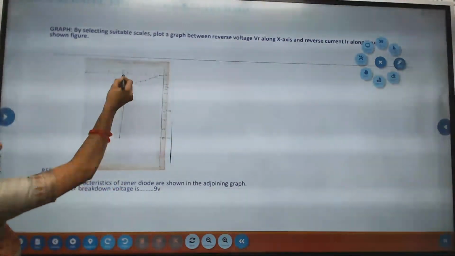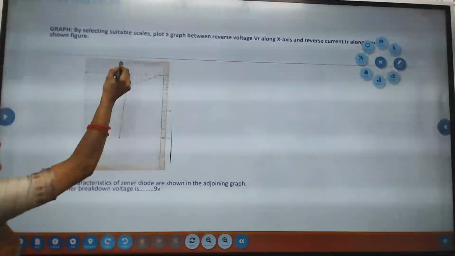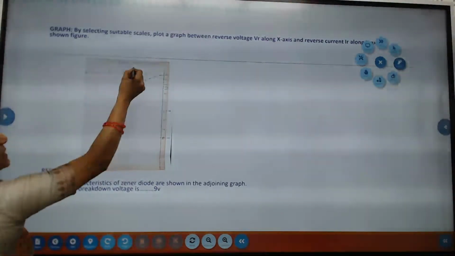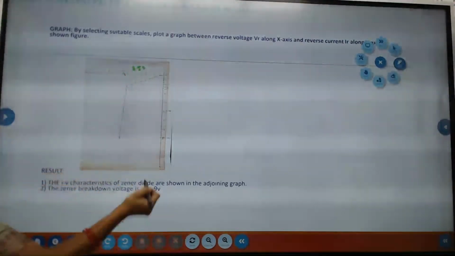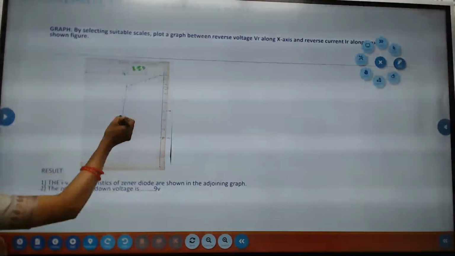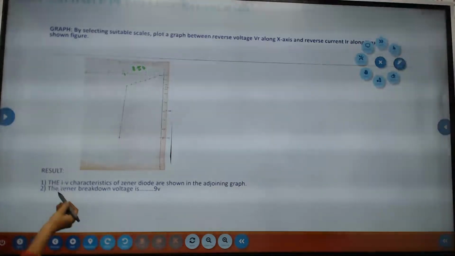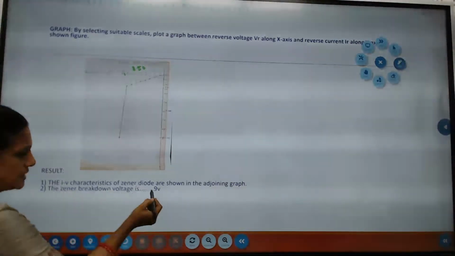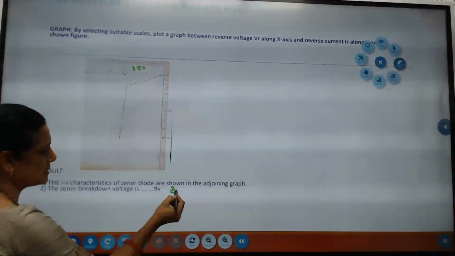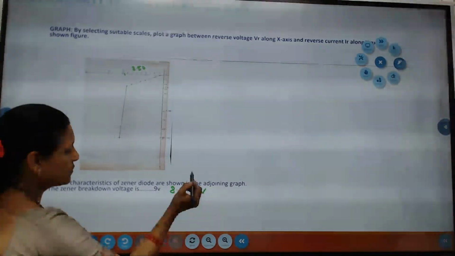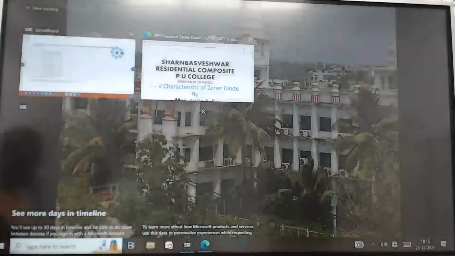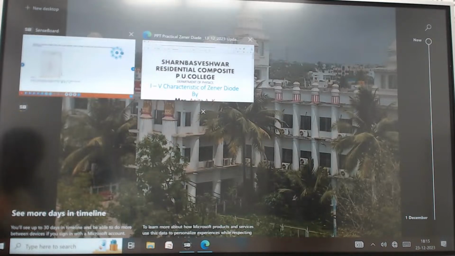At 8.50, suddenly the current increases. Then the Zener diode breaks down at the voltage 8.50. So what is the breakdown voltage of my Zener diode? It is 8.50.